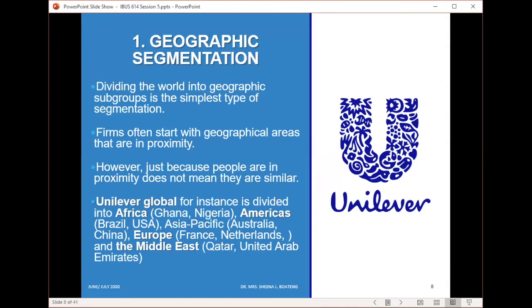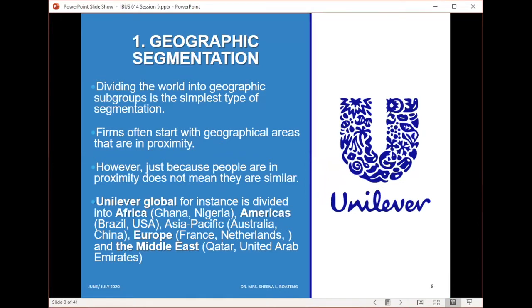Hence, this course that we are studying, global marketing, because the basis of global marketing is the ability of the firm to either divide the world into different segments based on region or country, or even looking at the whole world as one large market. So firms often start from the geographic segmentation basis and then build up from there with other segmentation criteria.